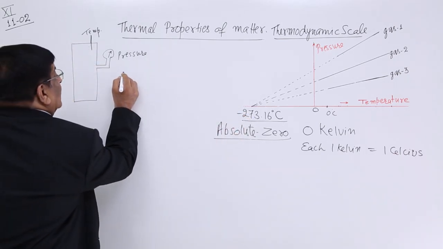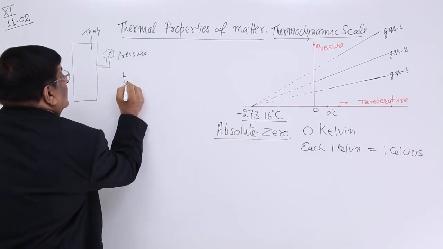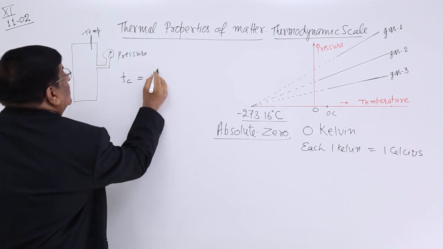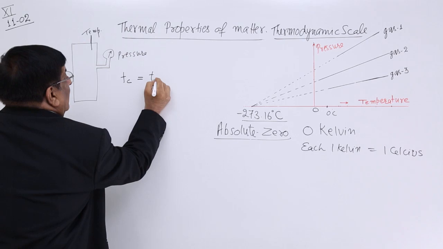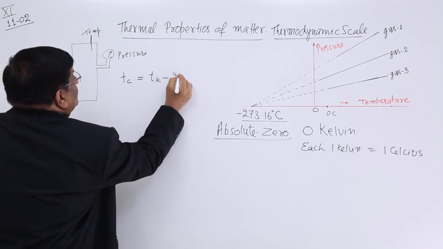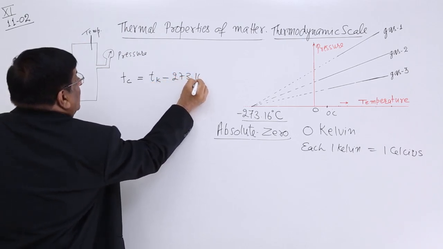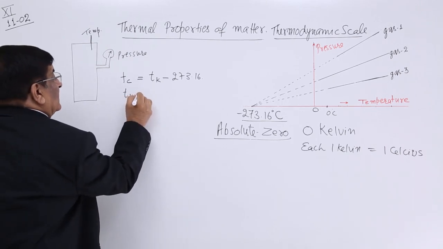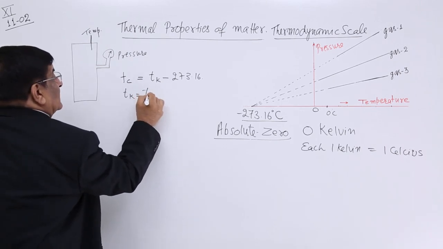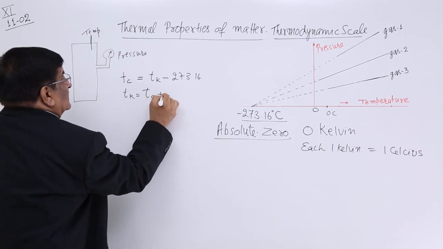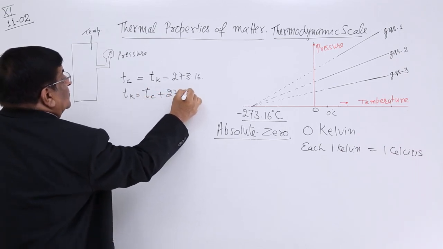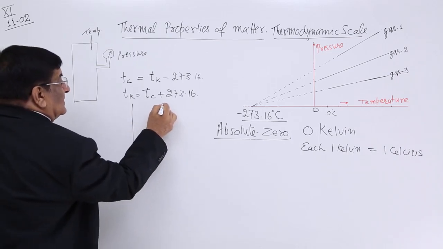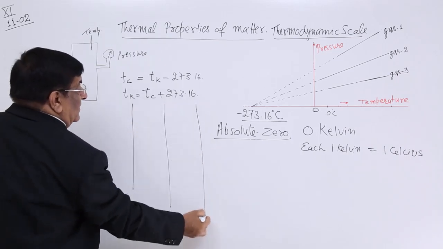So, any temperature in Celsius is equal to temperature in Kelvin minus 273.16. If we want temperature in Kelvin, then it will be temperature in Celsius plus 273.16.